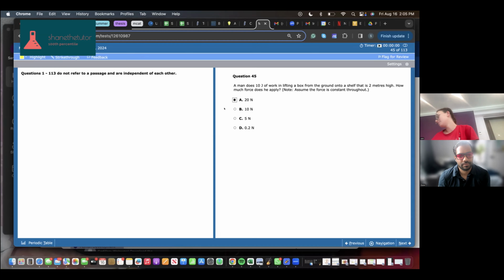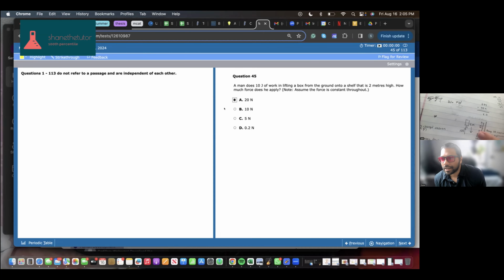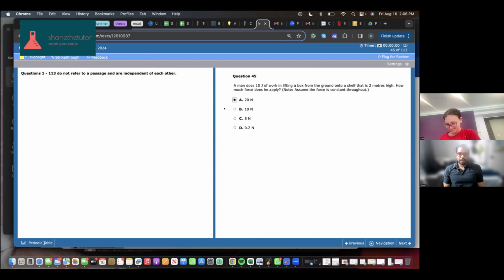I drew this out. I have a box. Got it. So we can think of work as force times the distance.